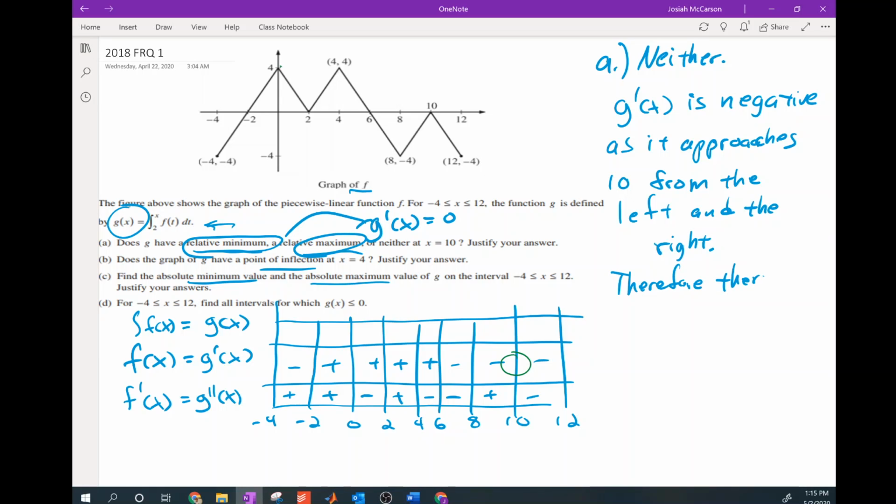Therefore, there is no max or min. And that would be a good answer on the AP exam. That'll get you full credit.